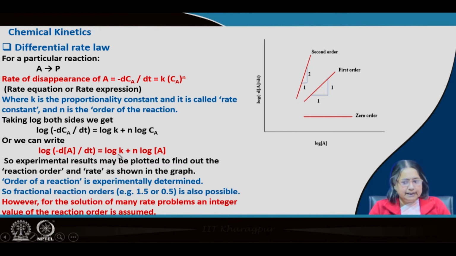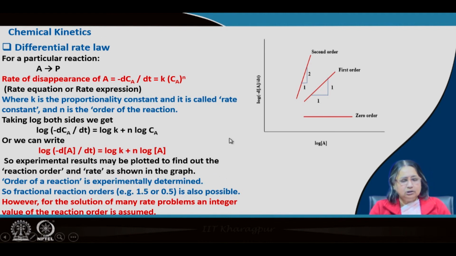It is the equation of a straight line, so you will get straight lines, but the slope will be different. For a second order reaction, you will get slope 2. For a first order reaction, slope 1, and for a zero order reaction, a straight line parallel to the x axis. So it is possible to determine the order in this way.